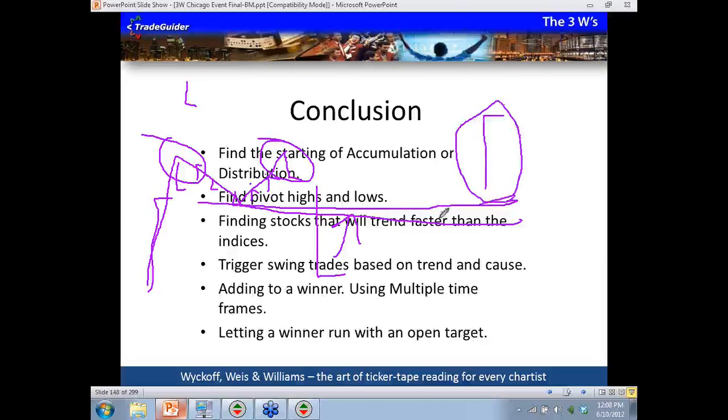So M's typically start off with climactic action. That's number one. You have upthrust and no demands showing up. It doesn't necessarily have to be back to back, but you'll see that as the market starts to round and go sideways.